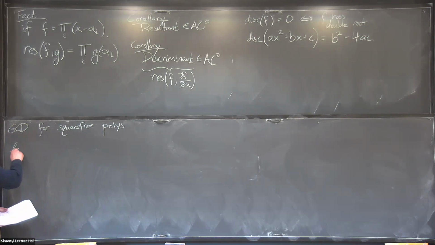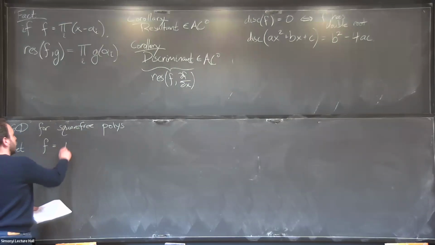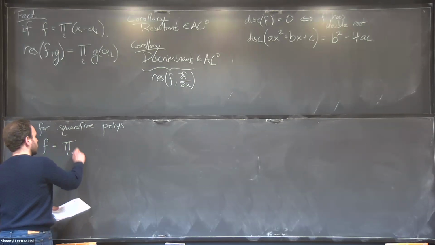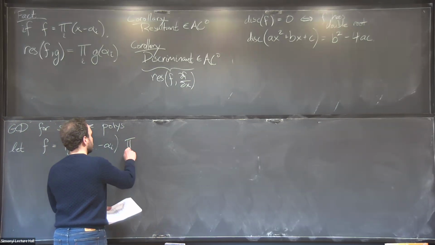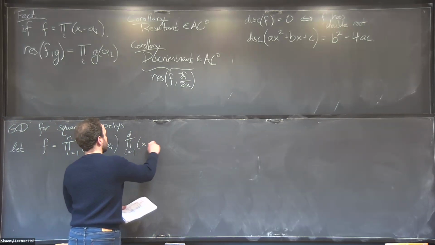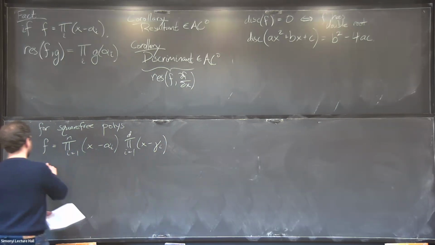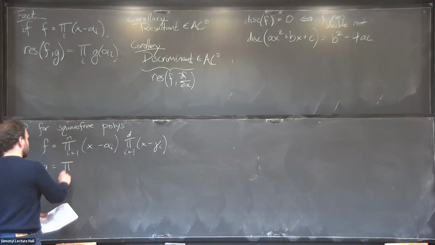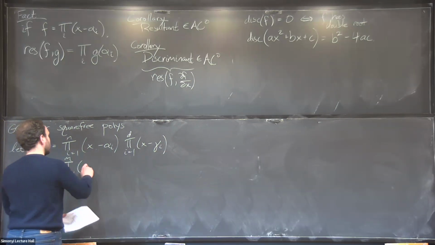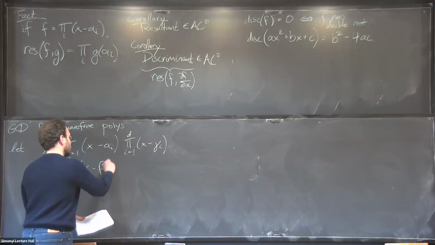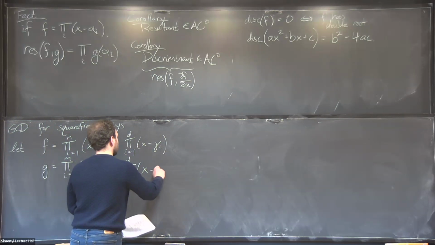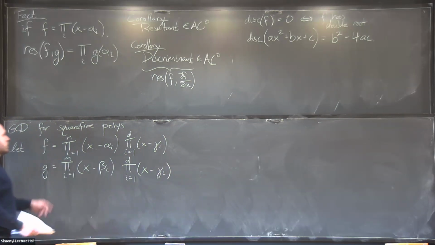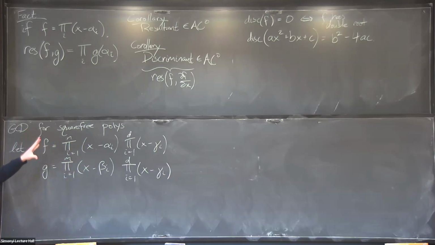Okay. So here I have two polynomials. Here, all the alphas, betas, and gammas, these are distinct elements of my field.